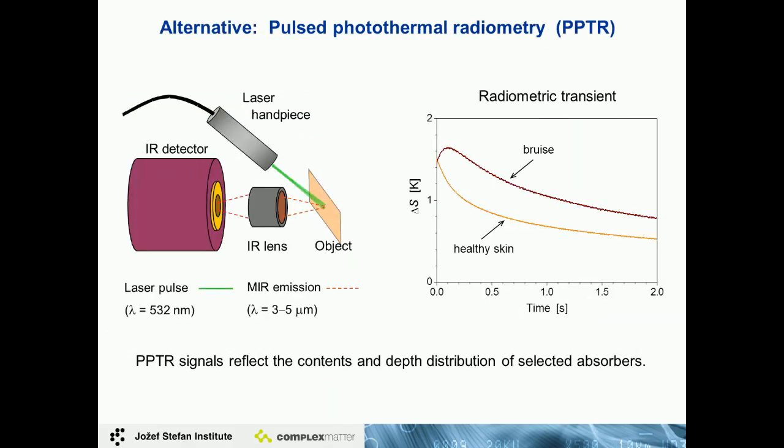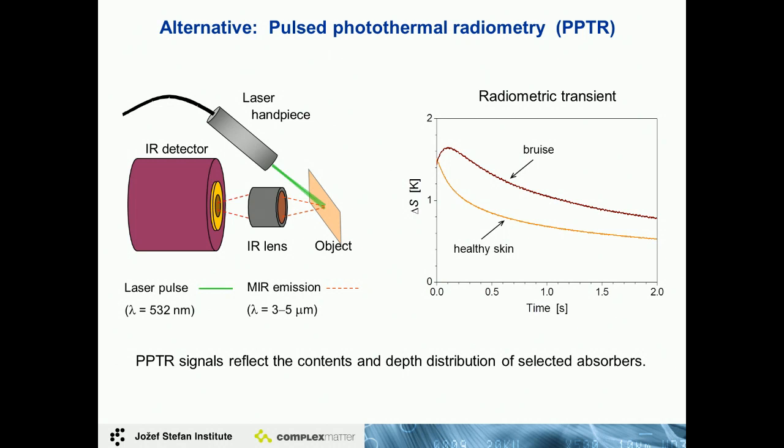So, going on to pulse photothermal radiometry, what this encompasses is you take a single pulse of light, perhaps from a short pulse laser, and impinge it onto the object. As a result of non-homogeneous heating of the object volume, as the heat redistributes inside the tissue, the radiometric emission in the mid-infrared range is going to undergo a transient change.